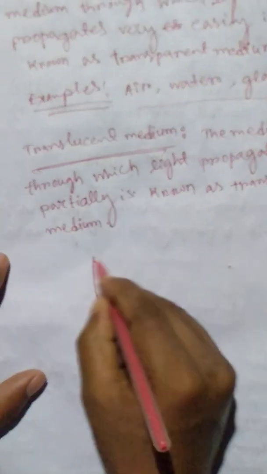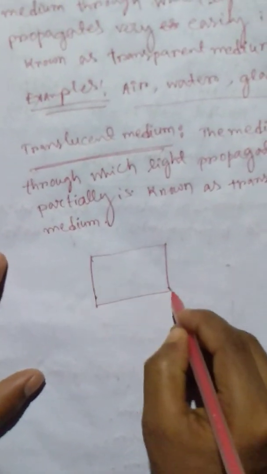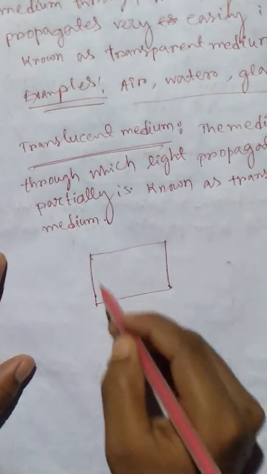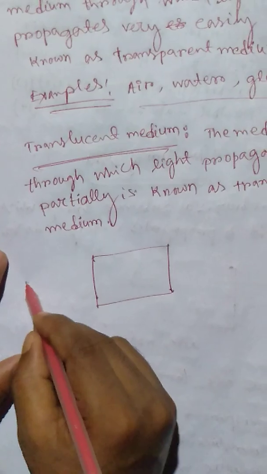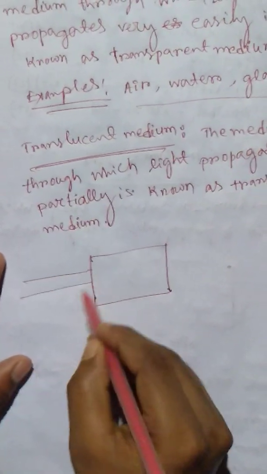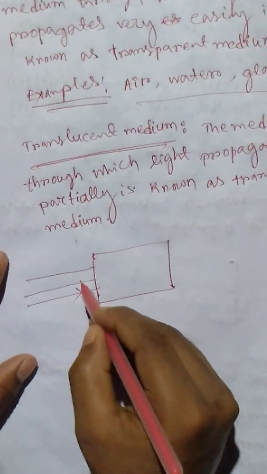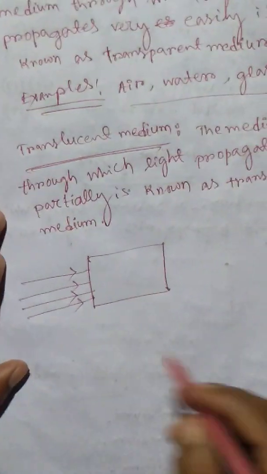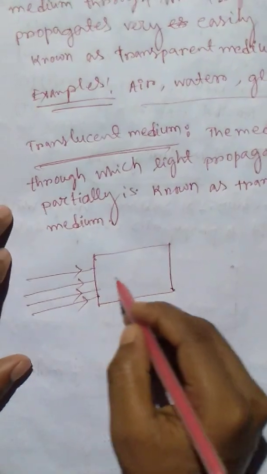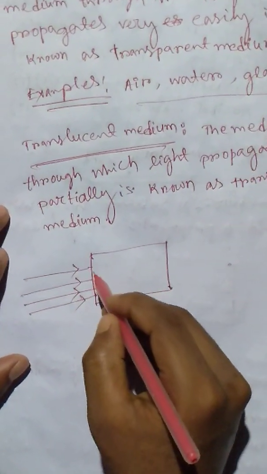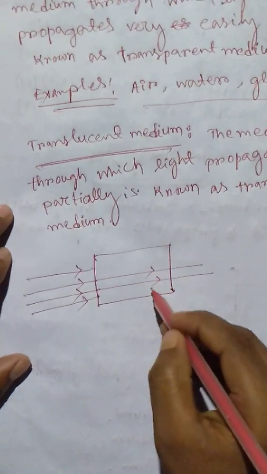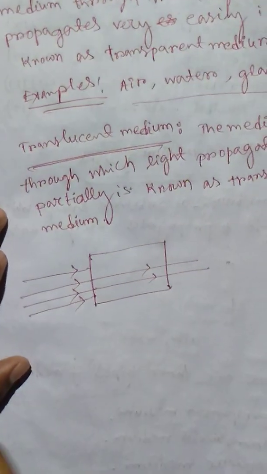If we draw a picture to understand these definitions easily, let us consider a substance or a medium. If 4 light rays fall on this medium or try to propagate through this medium, this medium only allows 2 rays to propagate through it.